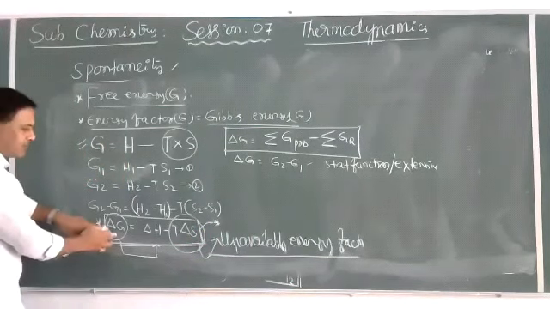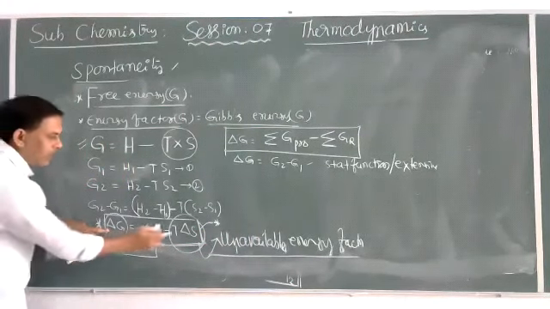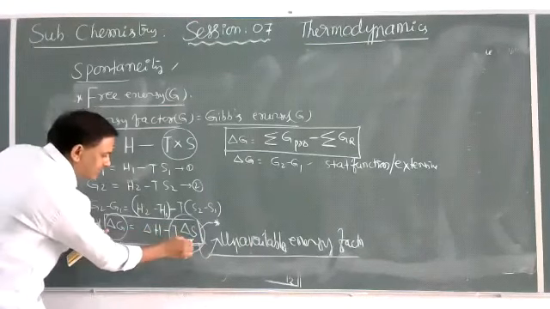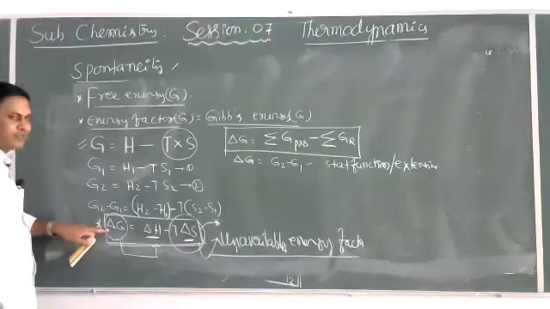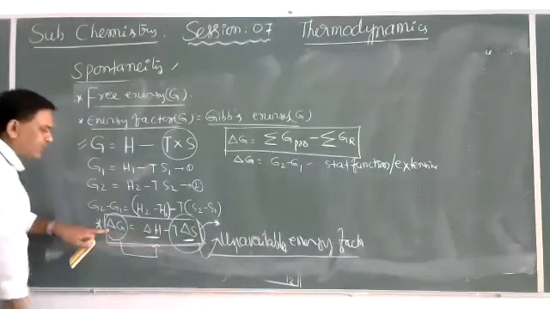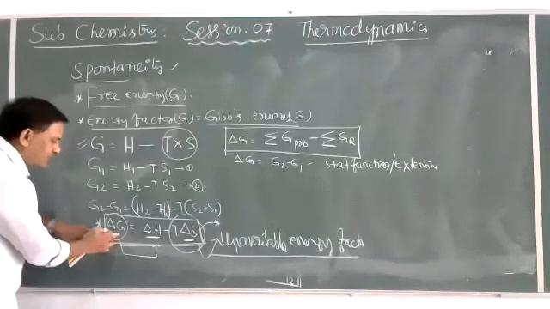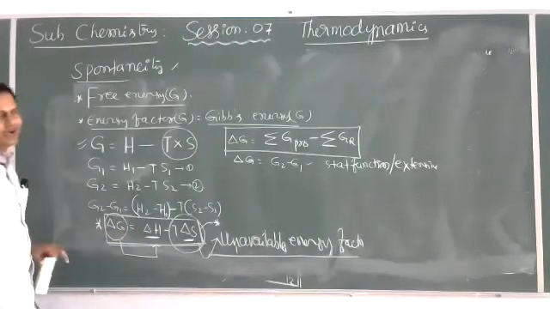In a Gibbs free energy change expression, the unavailable energy factor is T delta S. Useful energy is delta H. To balance that, introduce one important term, that is delta G is equal to delta H minus T delta S.